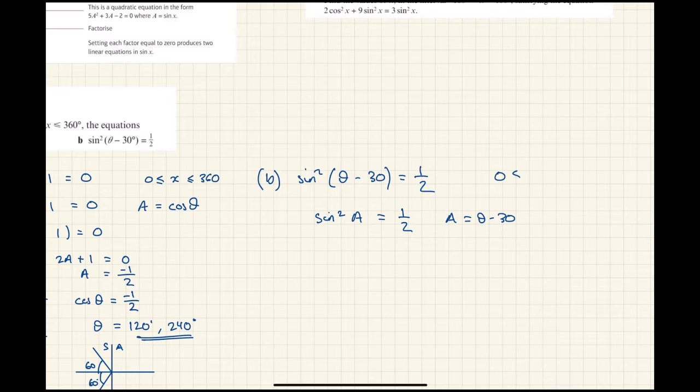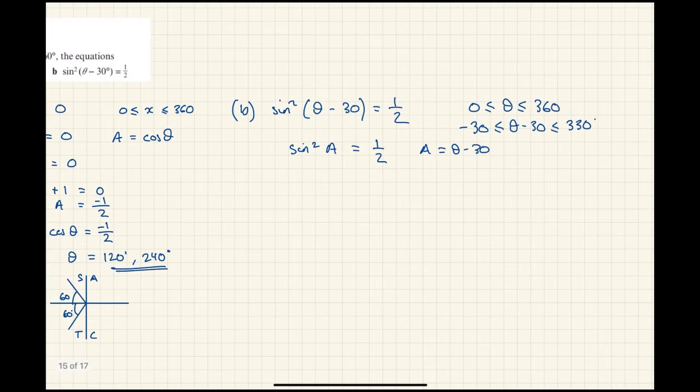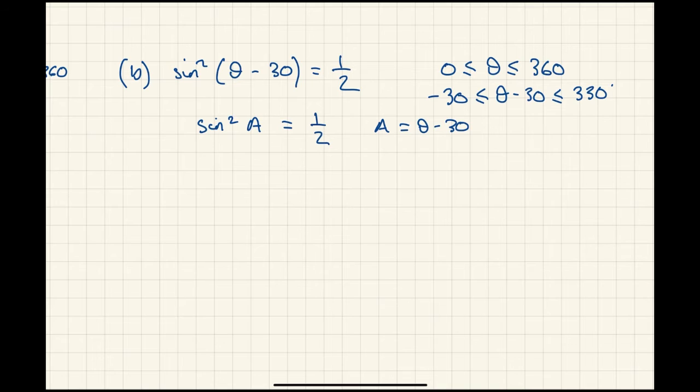We're still doing from 0 is less than or equal to theta is less than or equal to 360, but now theta minus 30 means our range has changed. So if sine squared a equals a half, we're going to carry on solving here now.